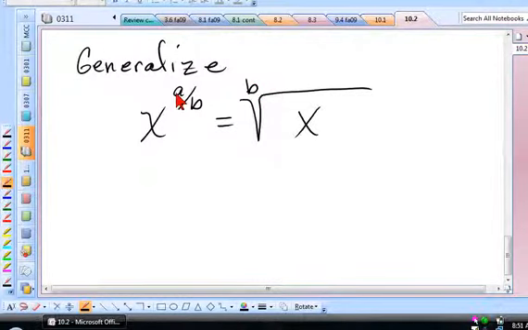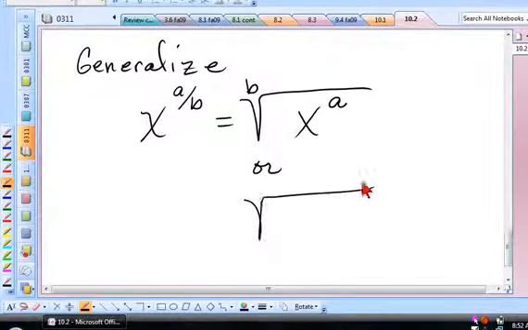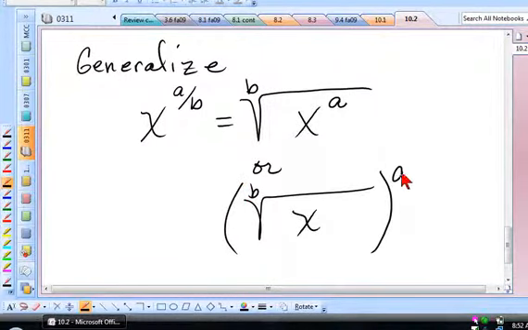The numerator can go in one of 2 places. There are different times I like it to be in different places, so let me show you where they can go. One place is inside. It's the actual power of the base. Or, I take the b root of x, I can raise it all to the a power.